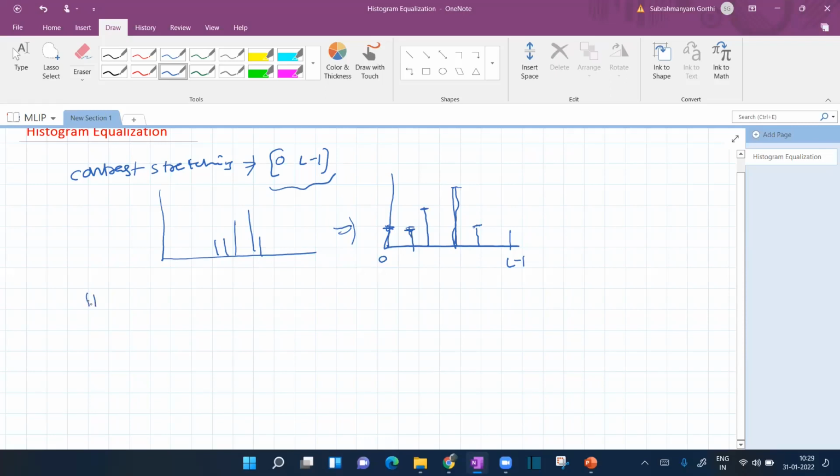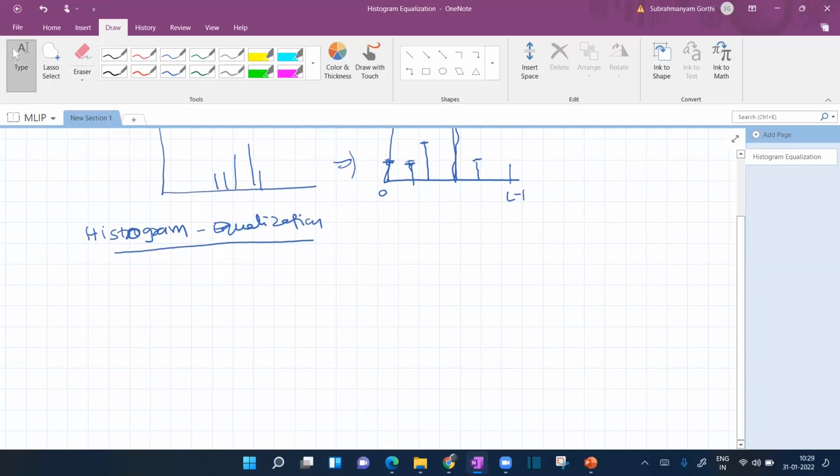So let me first give you, or at least try to give you, an intuition for histogram equalization. And then I will do, before I do the formal derivations and all, let me try to give you the intuition for it. So please pay your full attention here. Otherwise, later you may find it difficult.